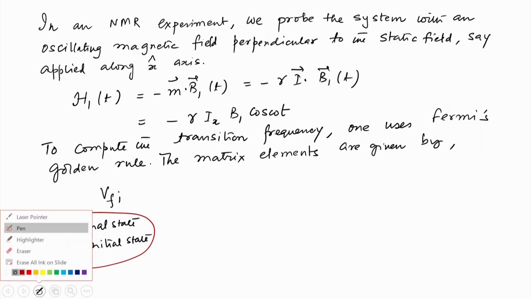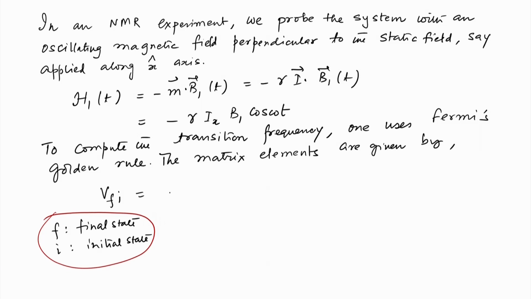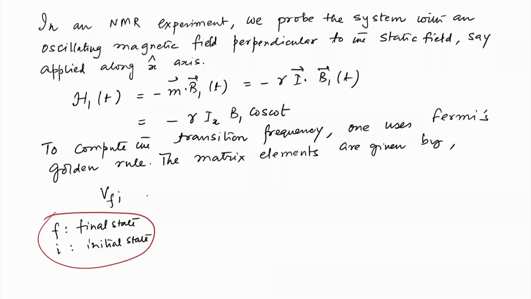V f i is proportional to, we are not writing it exactly, because this would include a number of things such as density of states and so on, which we are not immediately concerned about. So, this is proportional to the matrix element of phi f, H 1 of t, phi i, and so on. So, this is the transition matrix element.